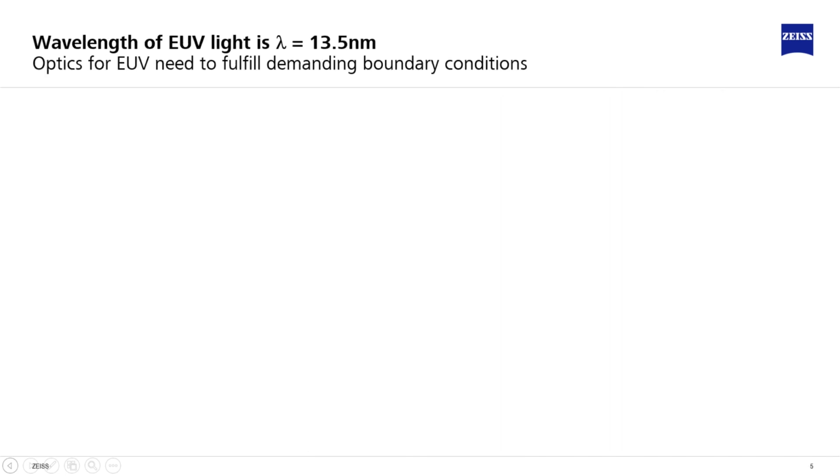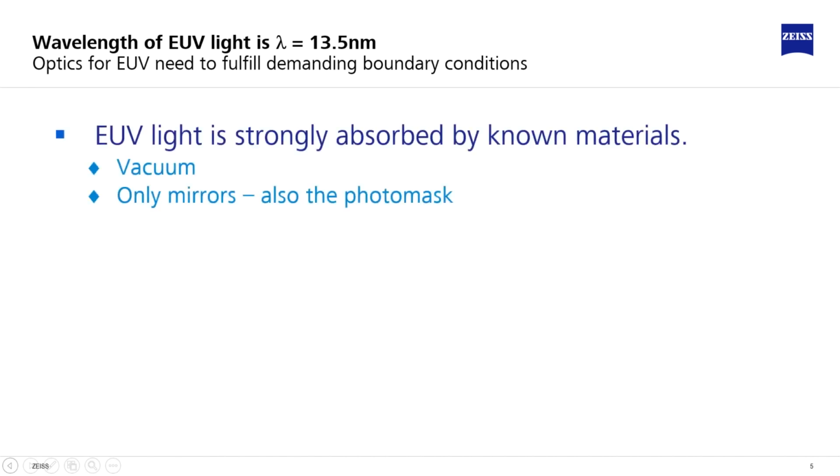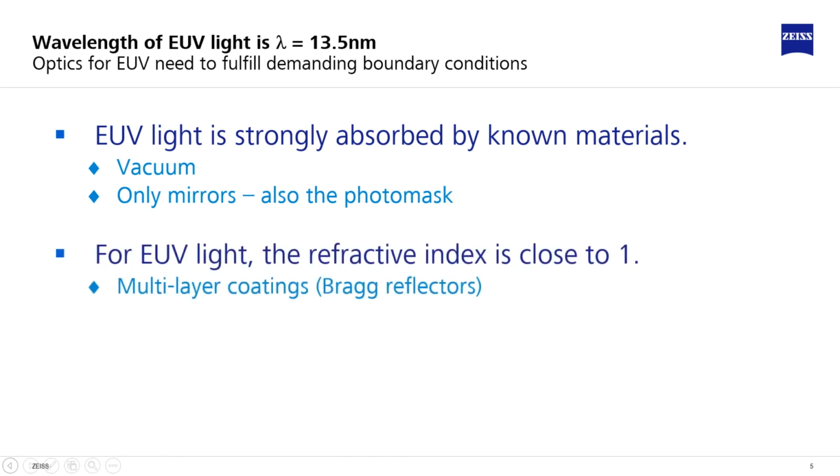Regarding the optical system, the short wavelength of 13.5 nanometer imposes several demanding boundary conditions. Firstly, EUV light is strongly absorbed by all materials and gases. Therefore, the whole system must be operated under vacuum. It also implies that all optical elements, including the mask, must be mirrors. Secondly, the refractive index of all materials at 13.5 nanometer is very close to 1, so stacks of multilayers as Bragg reflectors had been found as a solution for the mirror coatings.